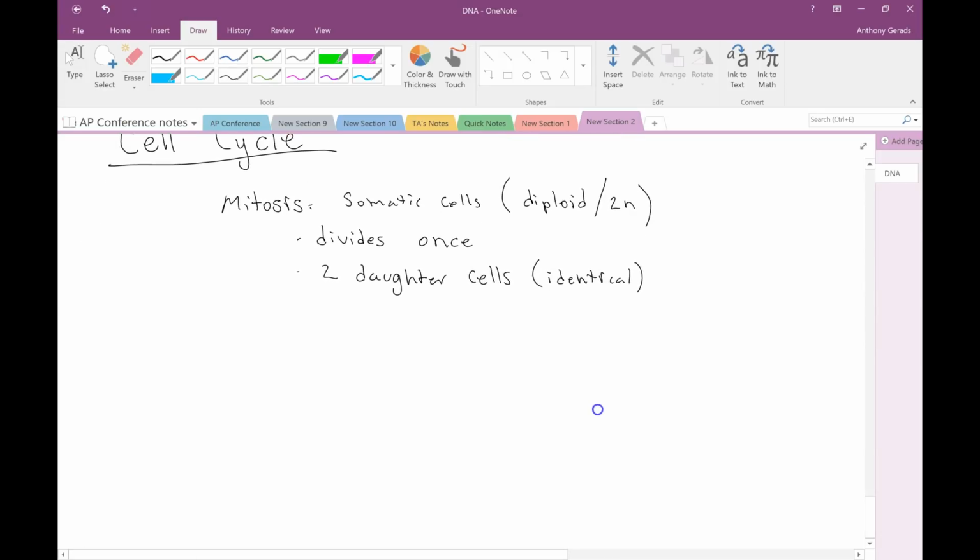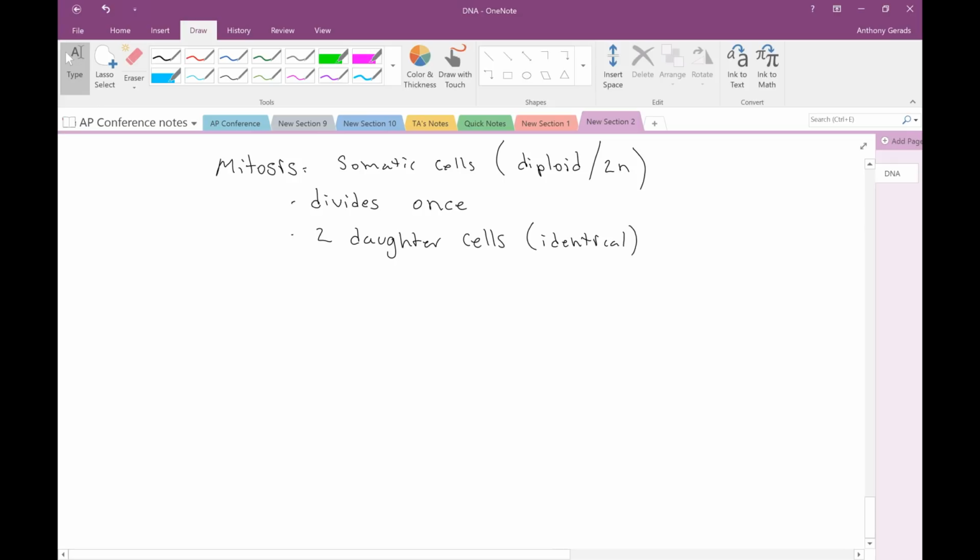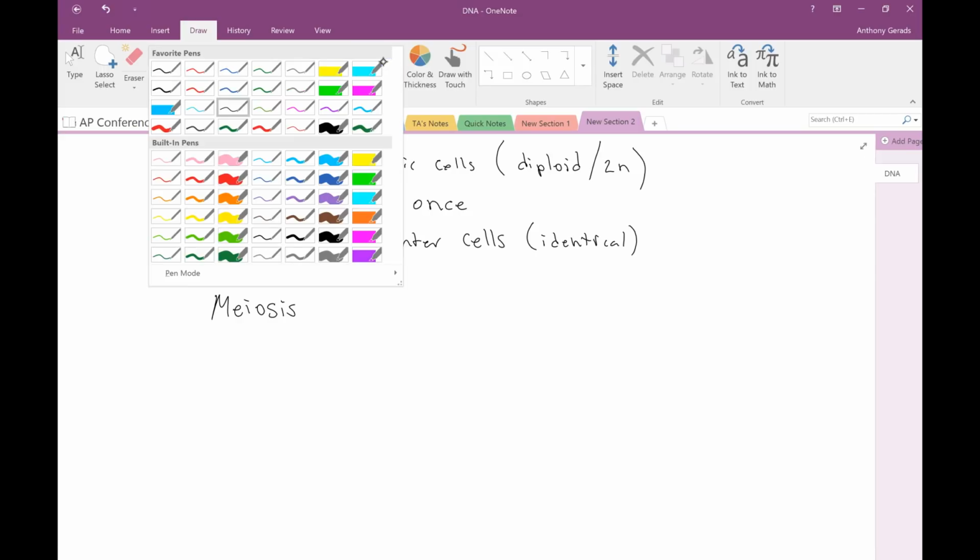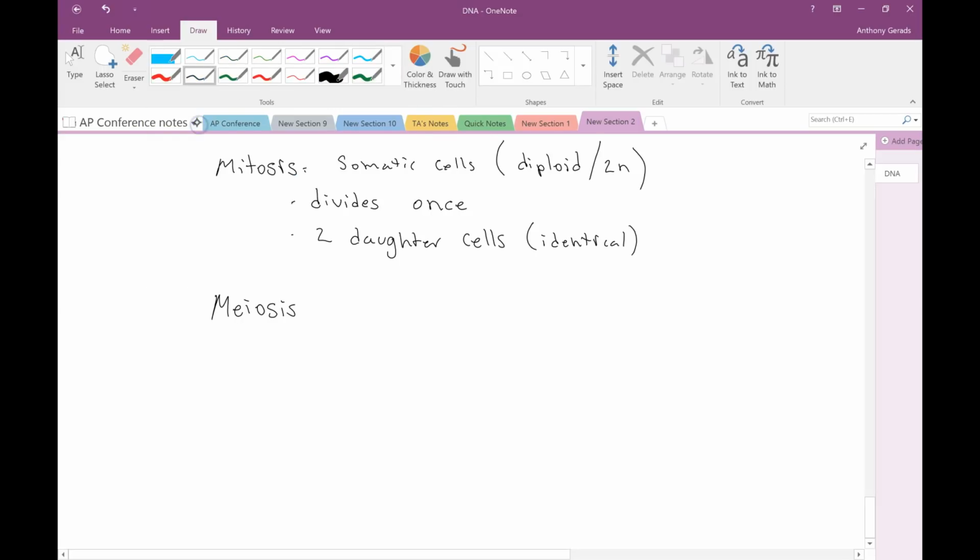Compared to the other type of cell division. You remember what that other one is? Meiosis. Okay. So meiosis happens in gametes, or sperm and egg. Okay?